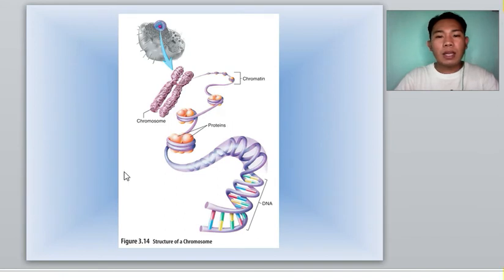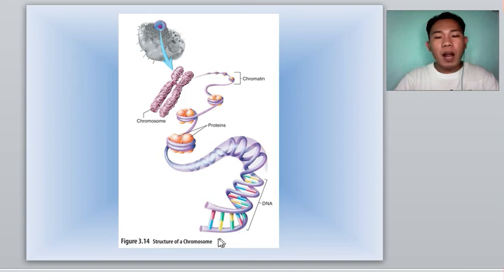So this illustration gives us an idea of the organization of the genetic material located in the nucleus.